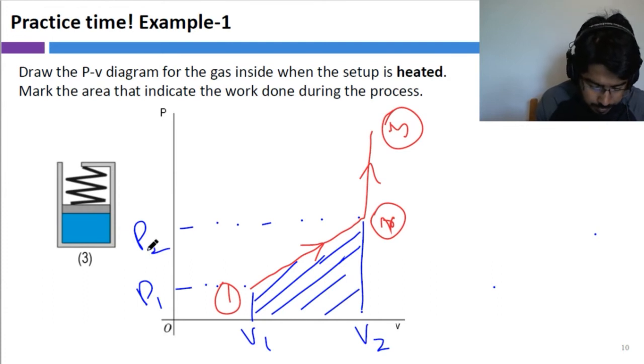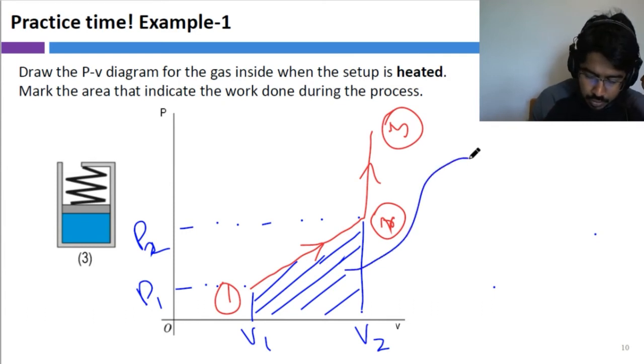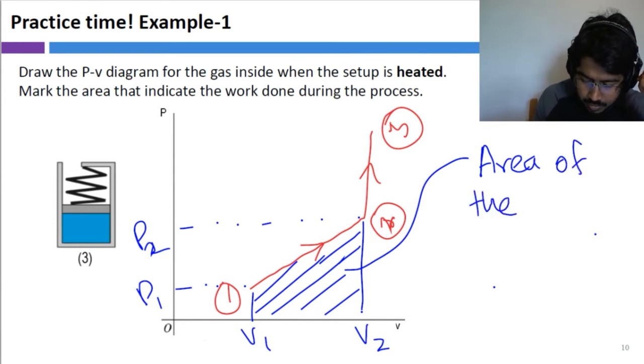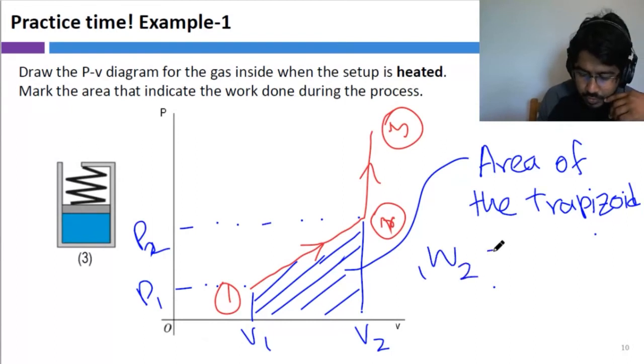We know how to find the area of a trapezoid, right? So W1 to 2, the work done during the process from 1 to 2, is going to be equal to the area of the trapezoid. How do we calculate that?